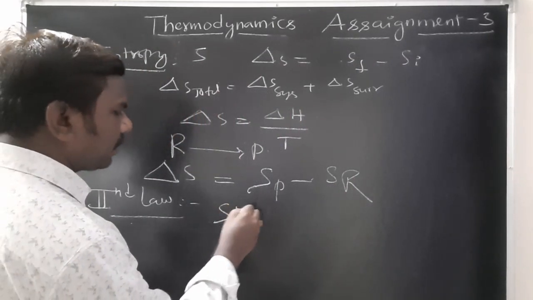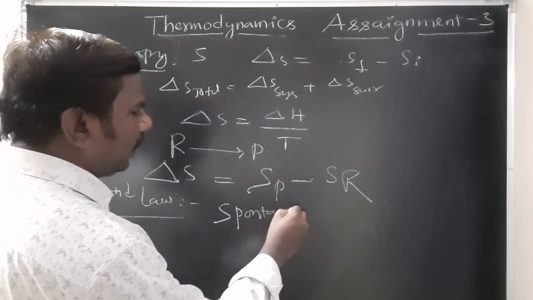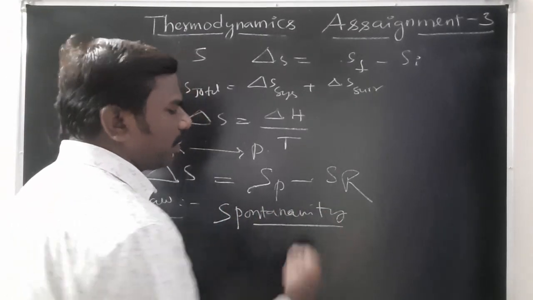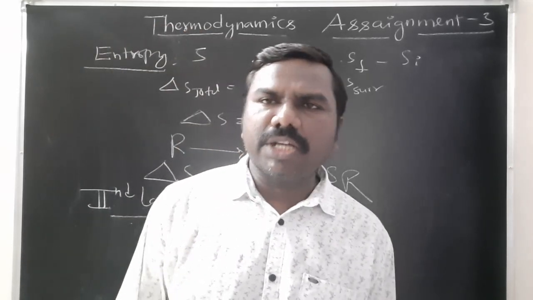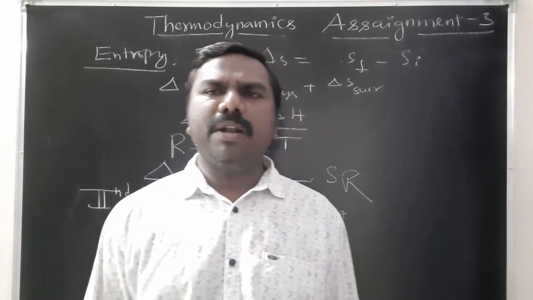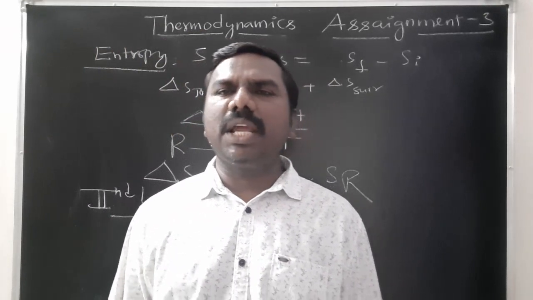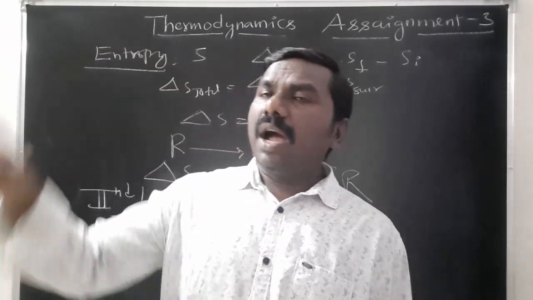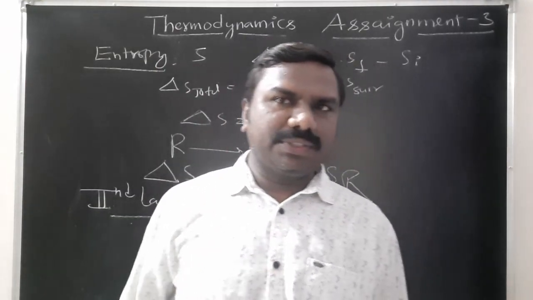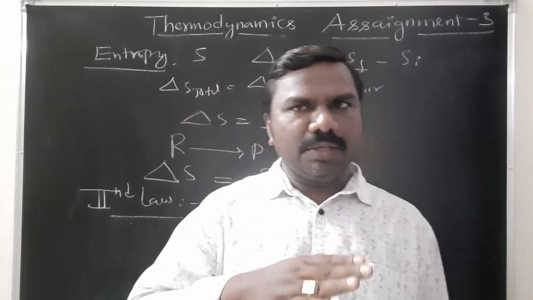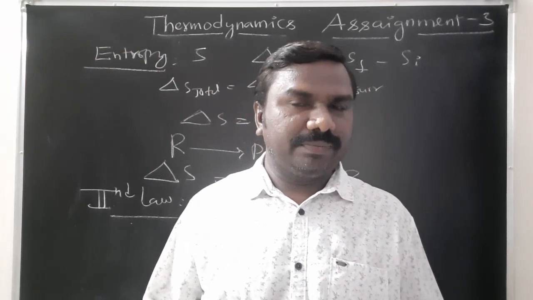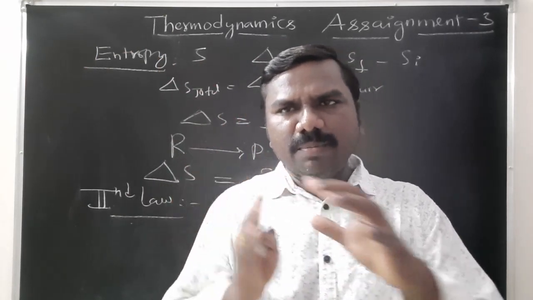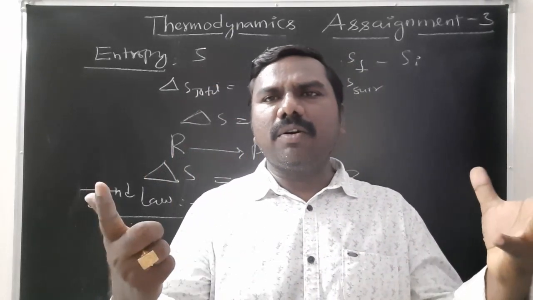Spontaneity means the reaction which happens on its own is called a spontaneous reaction. High level to low level, water flows on its own. At high level there is order in the water molecules. When it comes to ground level, they spread in all directions.